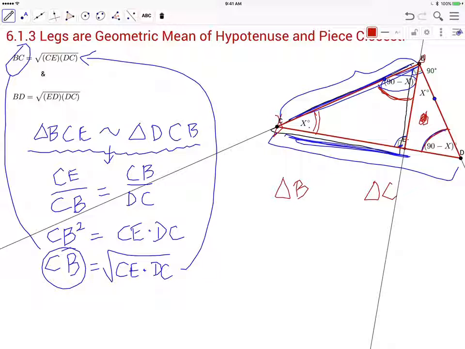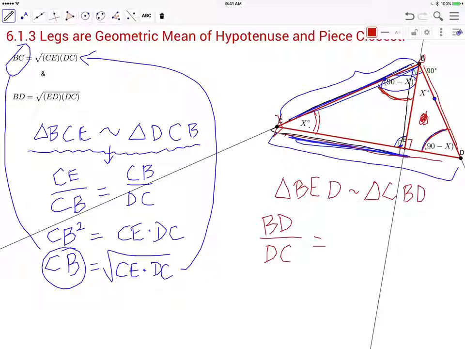The 90 over here in the small is E. The 90 in the large is B. And the 90 minus x in the small, they share that, so D and D match up. Okay, and we can do the same thing. Let's do it a little bit backwards maybe. We'll do hypotenuse is to hypotenuse. So BD is to DC.